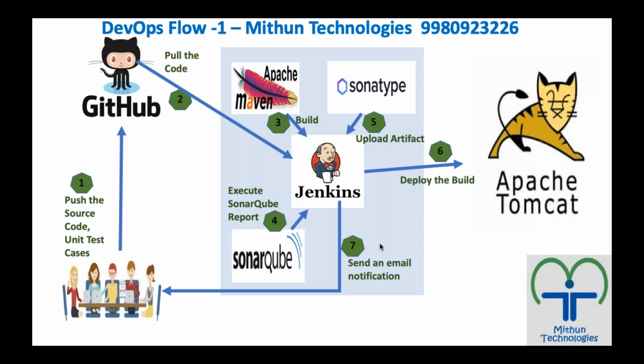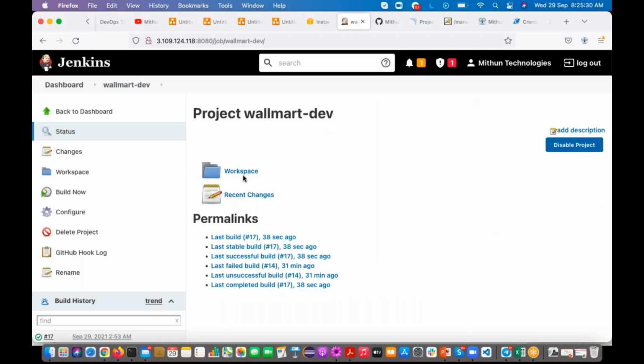Everyone will get scared: hey, why has the build failed? So I want to stop this particular build trigger at that time, even though you have configured poll SCM or GitHub webhook or build periodically. It is not supposed to trigger.